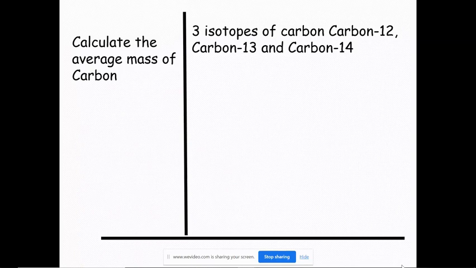Carbon 14, there is not very much of it out in the wild, but it's something that we talk about often when we're dating things. Carbon 14 has six protons still, but now it has eight neutrons, giving it a mass of 14.